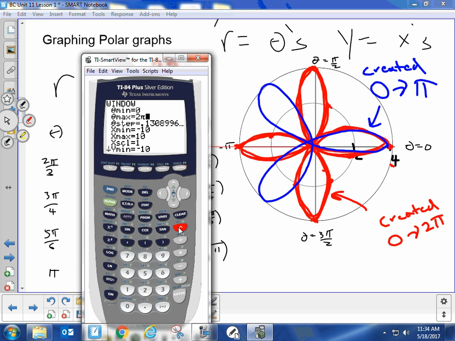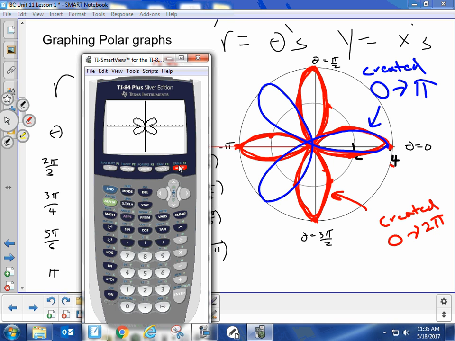Now, let's also graph another one. Let's graph the sine of 2 theta. Do 4 sine 2 theta. Extremely similar to cosine 2 theta, right? But shifted.